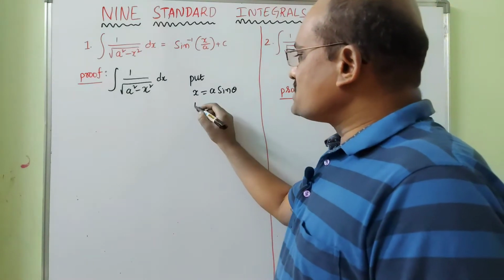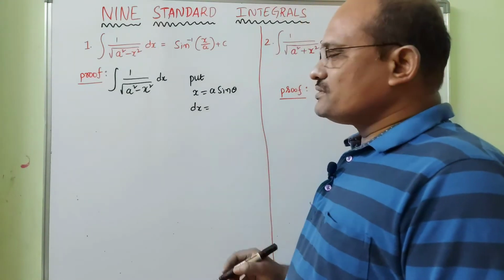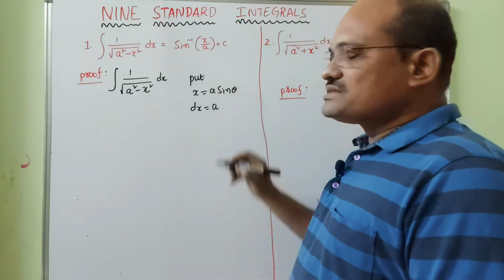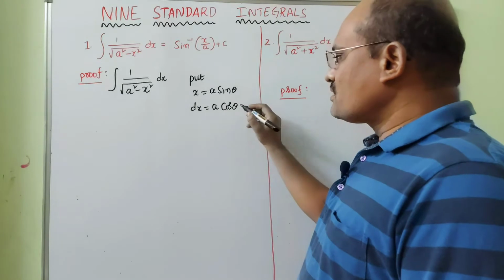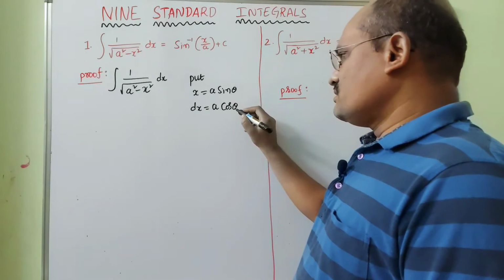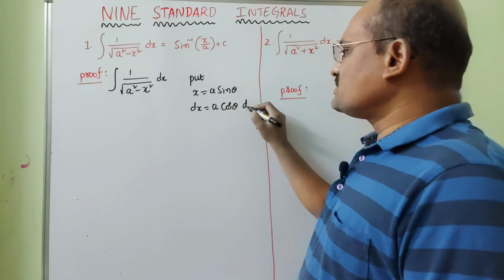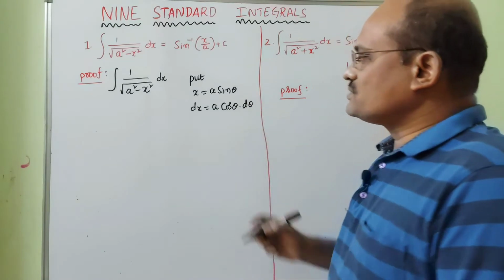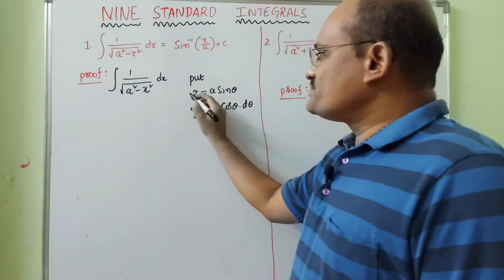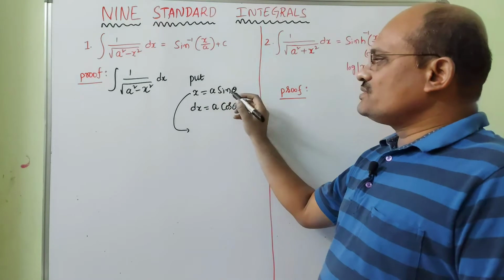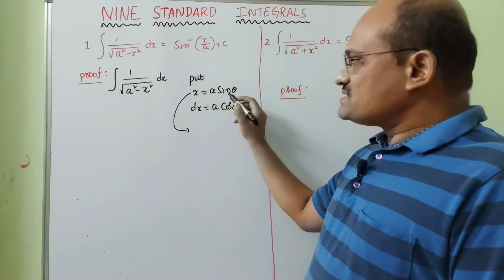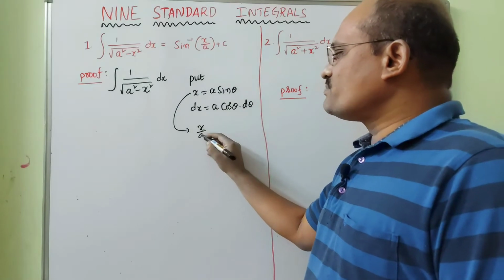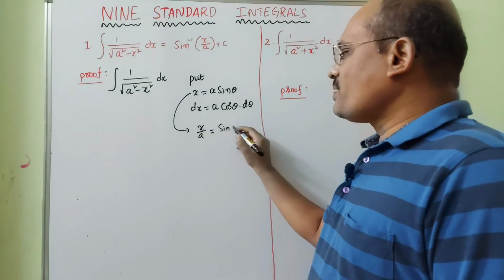Now do differentiation. Dx is equal to a is a constant, write as it is. Sin theta derivative is cos theta. We are differentiating with respect to theta, that's why you have to write d theta. Now this is dx. Now please observe here, x equal to a sin theta. Now I want theta here. Divide on both sides by a, you will get x by a is equal to sin theta.